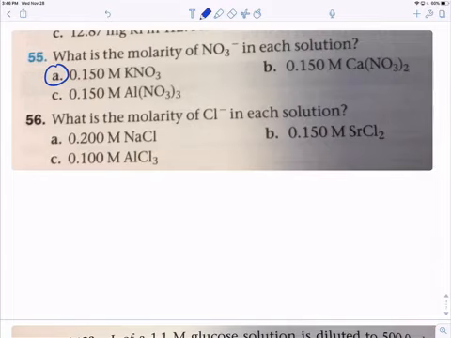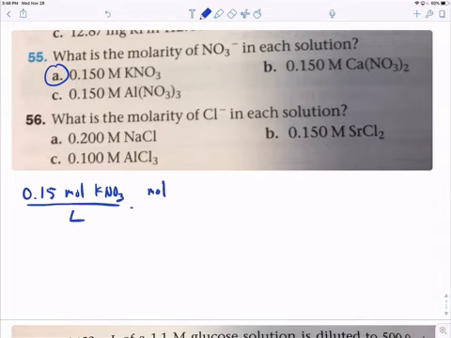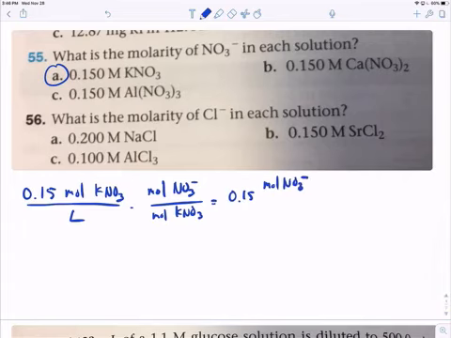So we have 0.15 moles potassium nitrate per liter times 1 mole NO3 minus per mole KNO3 equals 0.15 mole NO3 minus per liter equals 0.15 molar NO3 minus. So you can do that.